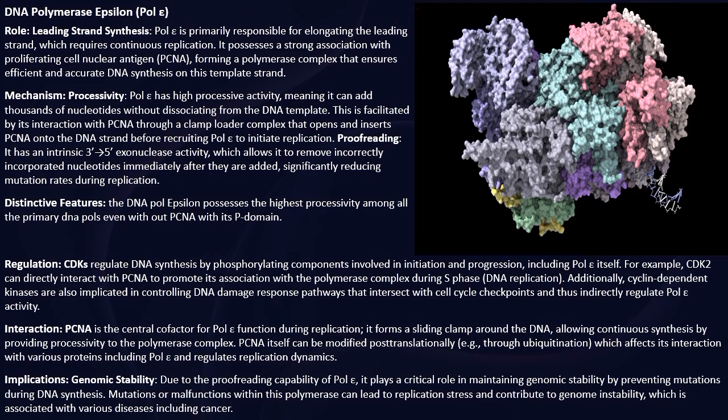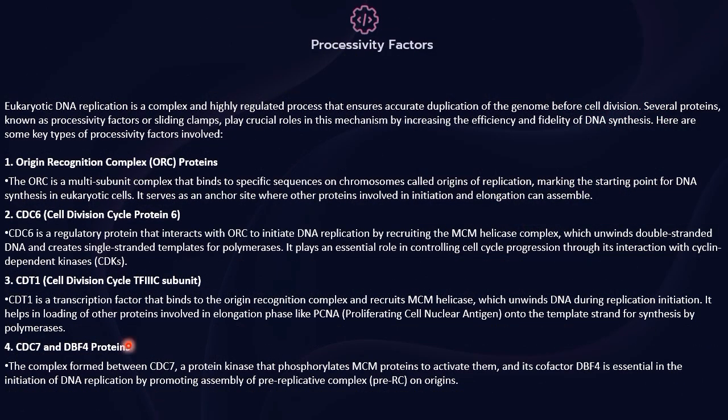Now let's talk about the processivity factors which play a role in the process of eukaryotic DNA replication. These are several proteins which play a crucial role in this mechanism by increasing the efficiency and fidelity of the DNA synthesis process, meaning that they help the DNA polymerase enzymes to synthesize continuous strands of polynucleotide chain without falling off the DNA strand.